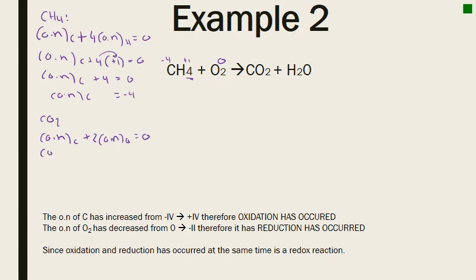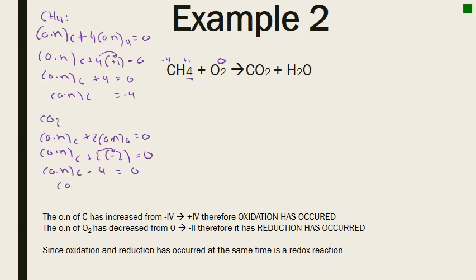So the oxidation number for carbon plus 2 times -2 for oxygen, which equals 0. Now we just complete the equation. Now plus 2 times -2, which is -4, which equals 0.